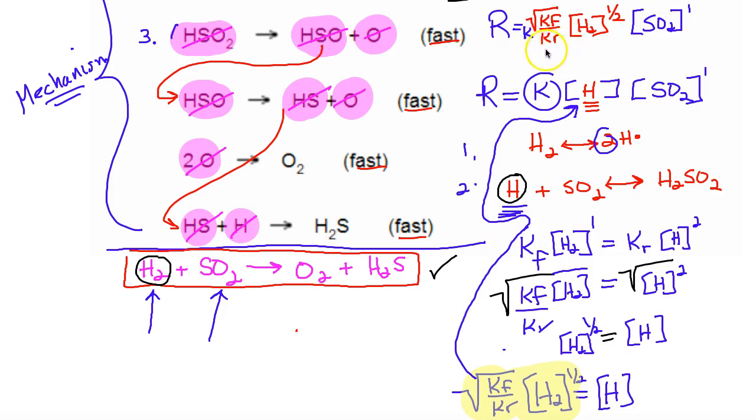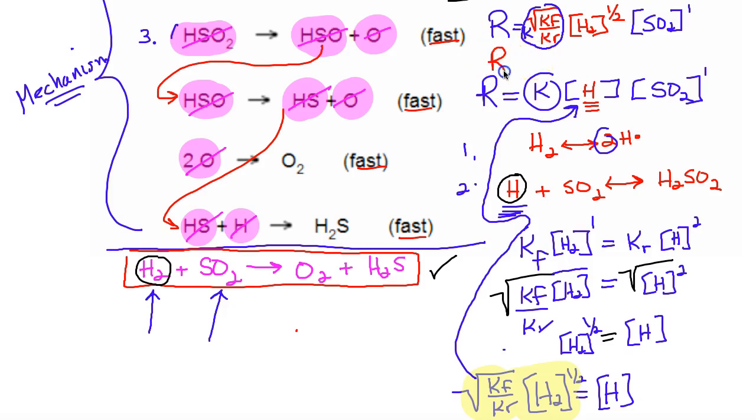Now I want to tell you, party people, that looks pretty nasty, but when you think about it for a second, the k for the second step times the square root of the what? K for the forward over the k of the reverse. This entire product of these k's actually equals, guess what? The entire reaction's k.